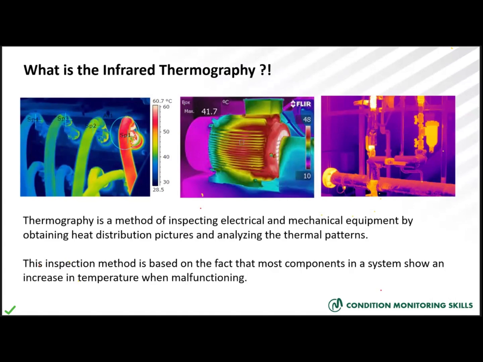When there is a problem, it shows an increase in temperature and emits more infrared radiation. So infrared thermography is a technique for converting this infrared radiation, which is invisible to our eyes, into a visible picture.